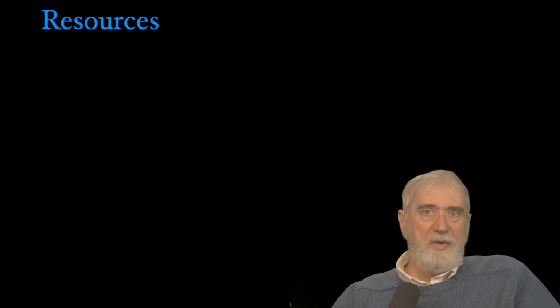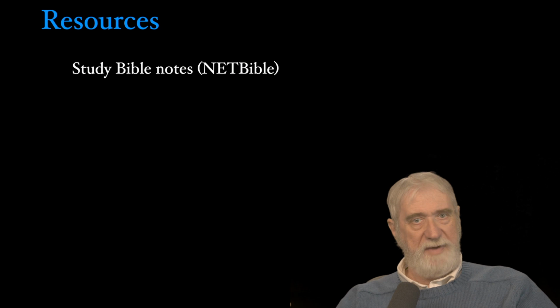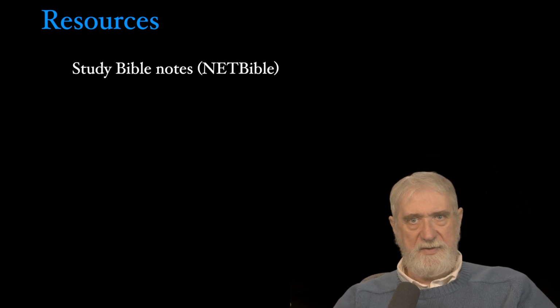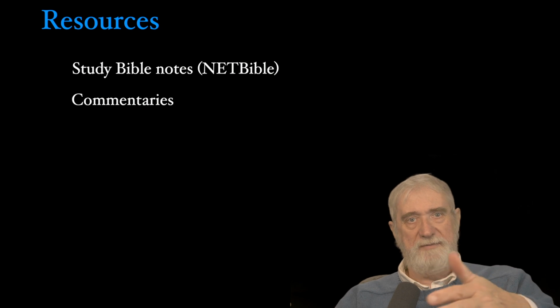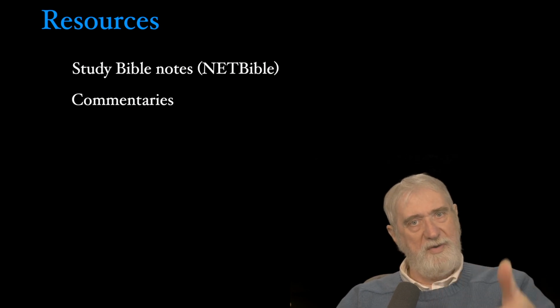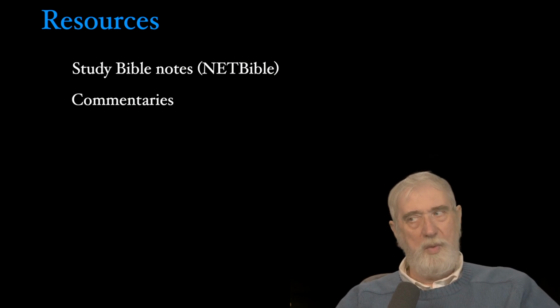Well, here one might look first at something like study Bible notes, where again the NET Bible study notes are really pretty good in dealing with these kinds of questions. Commentaries are obviously another place that one would look. And of course, I don't have it on the list here, but it's obvious that one might look at lexicons as well to sort through the different kinds of senses that can be associated with each individual word.